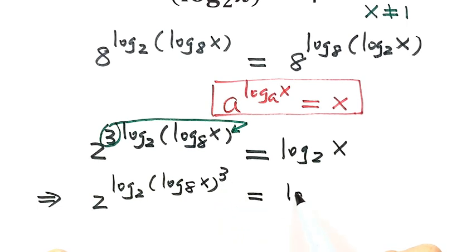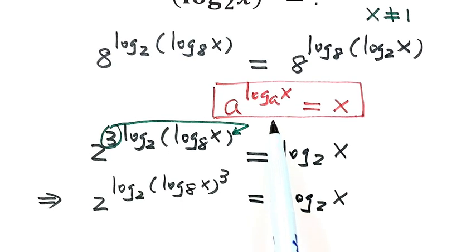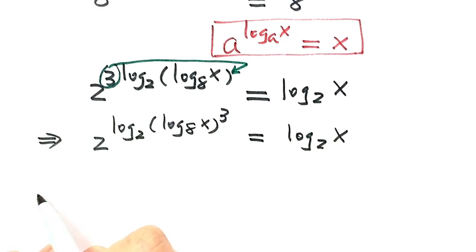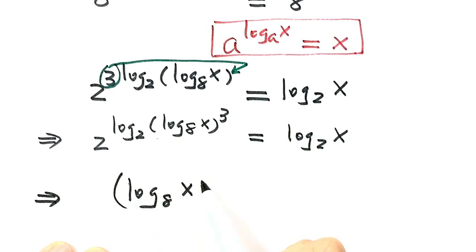Now the right hand side: 2 to the power log base 2, we use this formula again, and it just equals the inside part. So the left hand side is just log base 8 of x, the whole thing to the third, and that equals log base 2 of x.